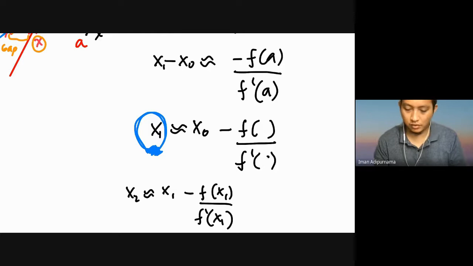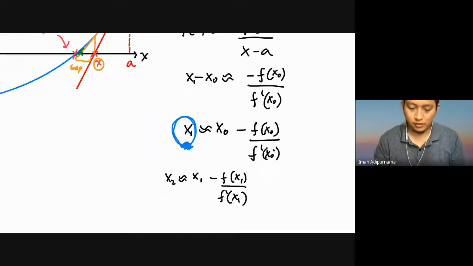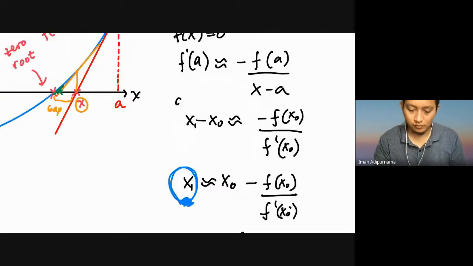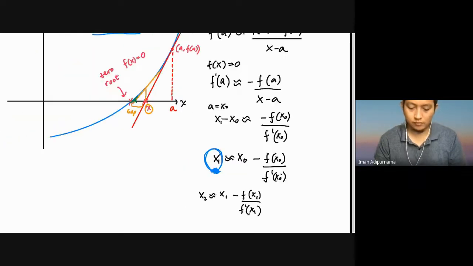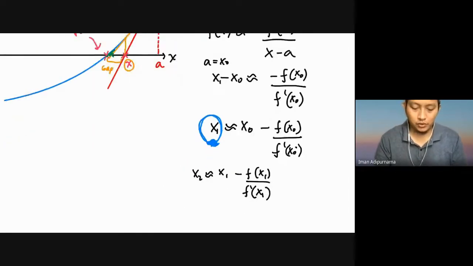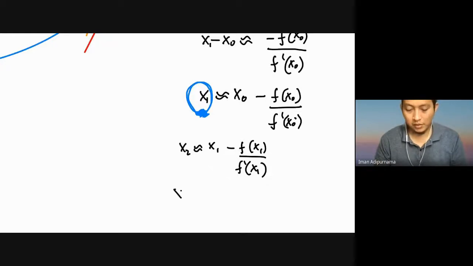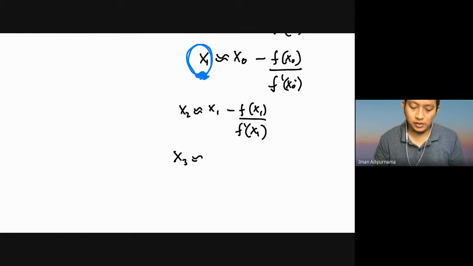Maybe change all with x0. And then if you want to go further, maybe it's not close enough, you think you need to do one more time, you can still do it.